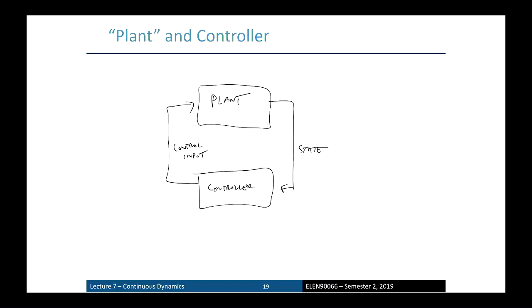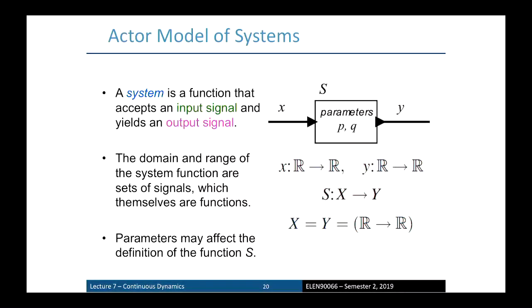Okay, so what's an actor model of a system? What I want you to think about, if you've used Simulink before, probably most of you have done engineering mechanics, I think you still use Simulink in that. Simulink is essentially like an actor model of things. An actor model is not driven by writing down integral equations and ODEs and solving them mathematically.